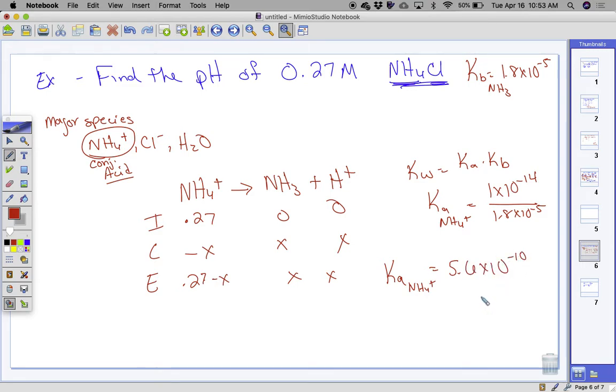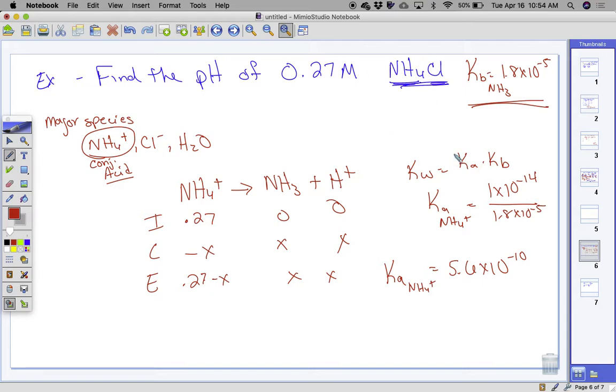Where did you get 1.8? It had to be given in the problem, or you had to look it up in a table. Why do you use the Kb of NH3? Because that's all that's tabulated. When you look at a table of Kas and Kbs, you're not going to find values for these ions. You are only going to find them for the weak acid or the weak base.